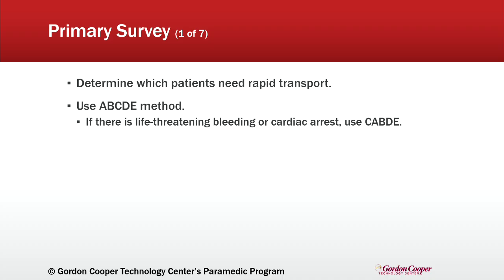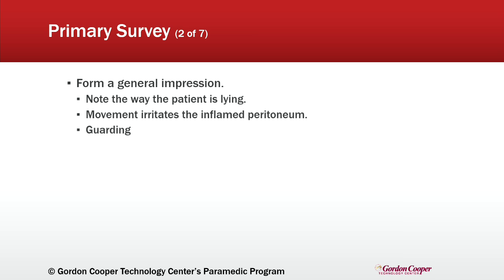But otherwise, if they're conscious and there's no life-threatening bleeding, we'll use the ABCDE method. And along the way, we're going to make sure that we're determining which patients need the most care and attention and the most rapid transport. So that's going to be a big priority.